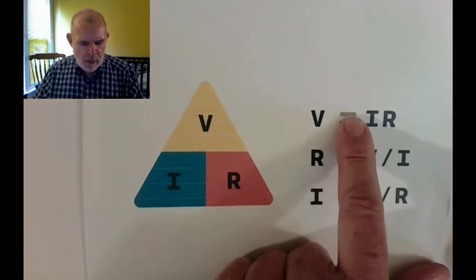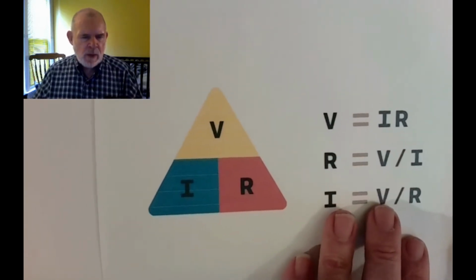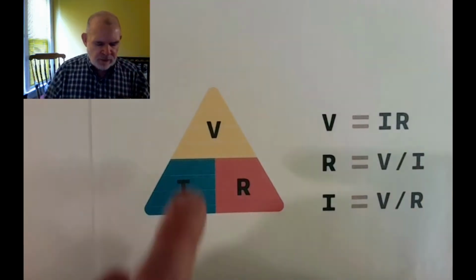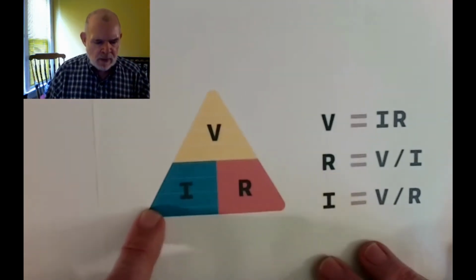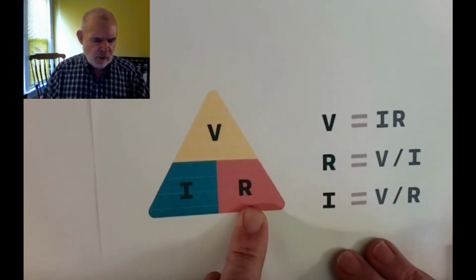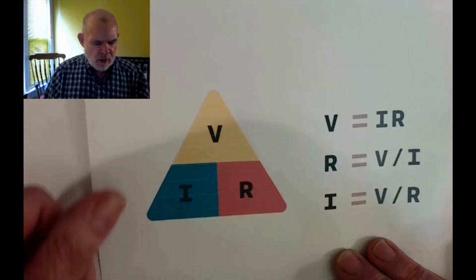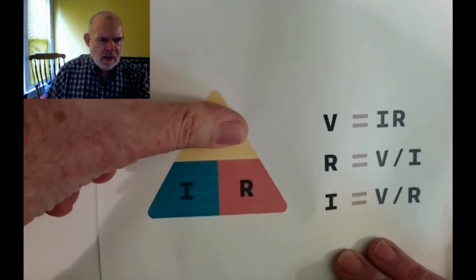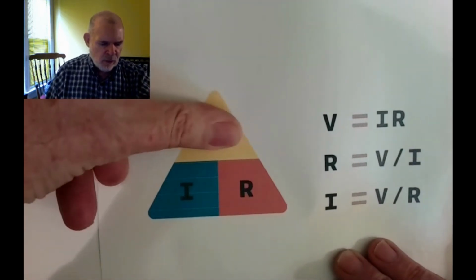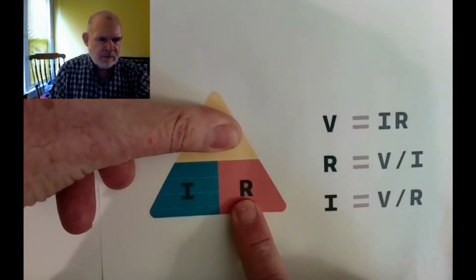So there are three ways to state this. A simple way that people often use is to draw a triangle with volts, current, and resistance. How this works is, whichever one you want to know, put your finger on that one, and then it gives you the formula. So the formula for volts is current times resistance.